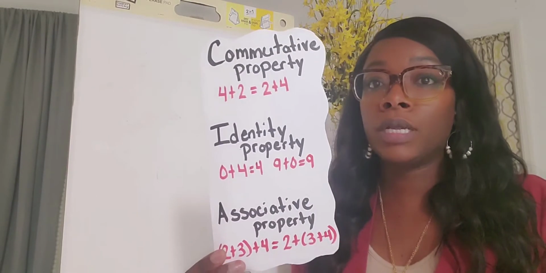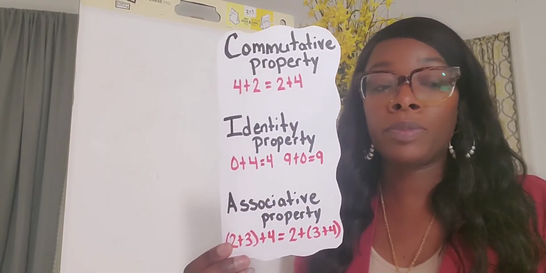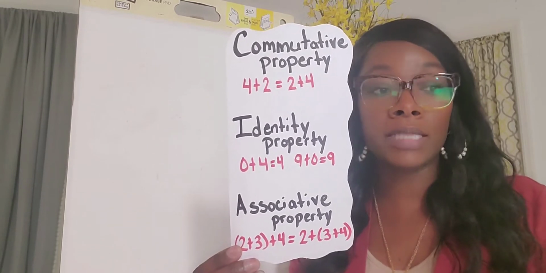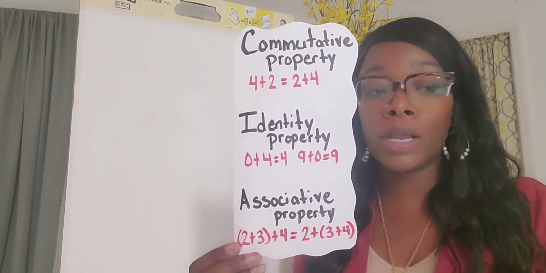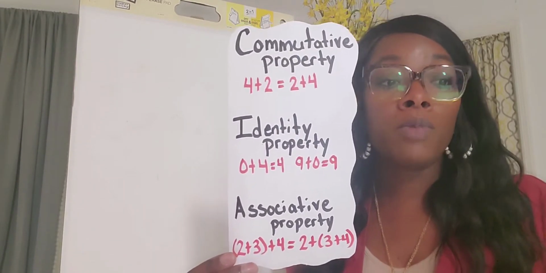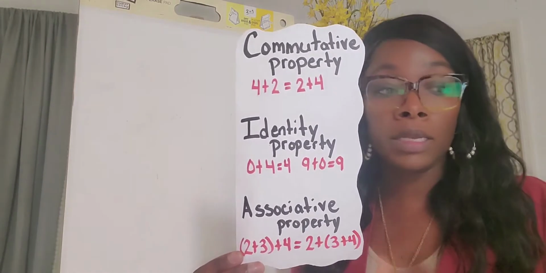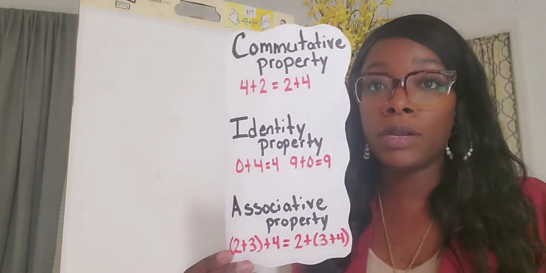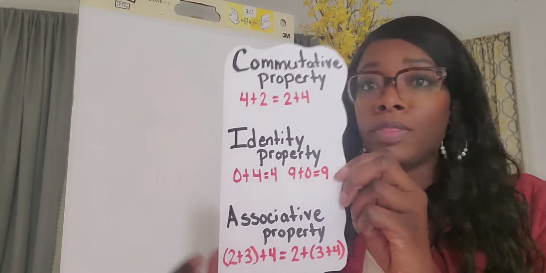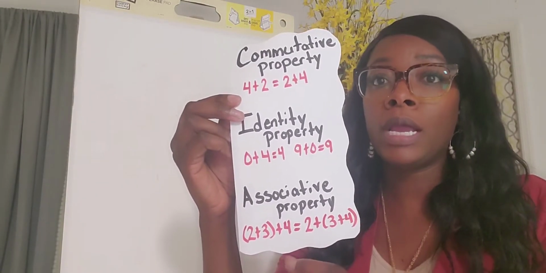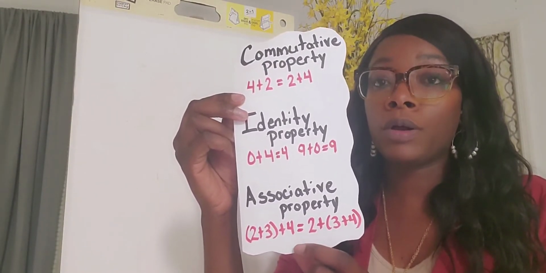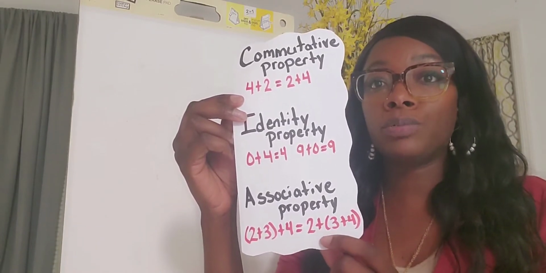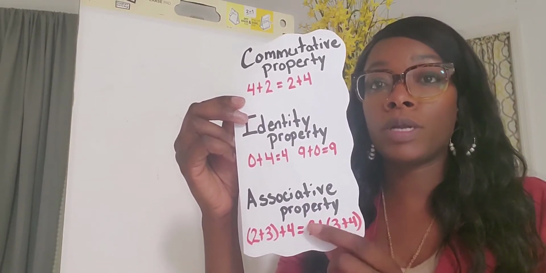And the last one is associative property. The associative property says that the sum of 3 or more numbers remains the same regardless of how the numbers are grouped. So on this one, you can see 2 plus 3 plus 4. And then on this side, we have 2 plus 3 plus 4 in parentheses.